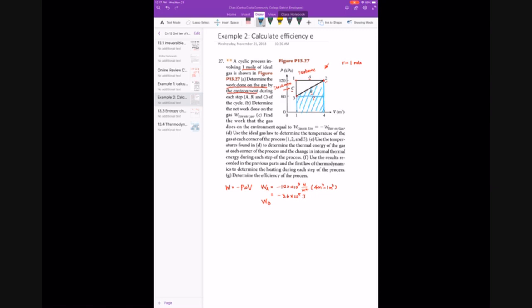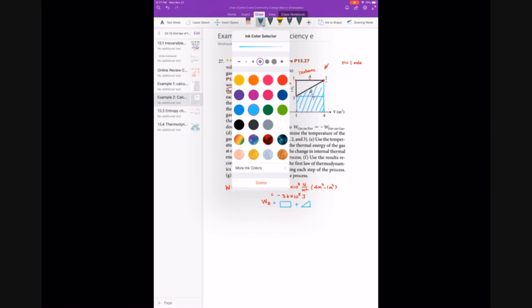So if I look at B, I'm going to look for the area of this rectangle plus the area of this triangle.